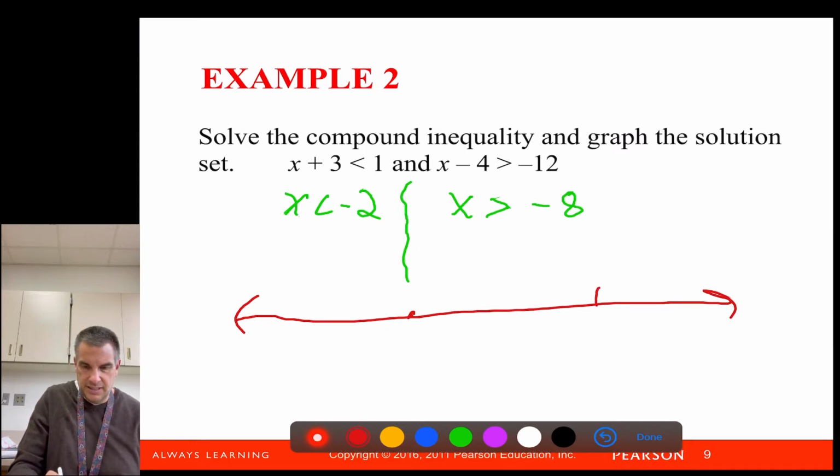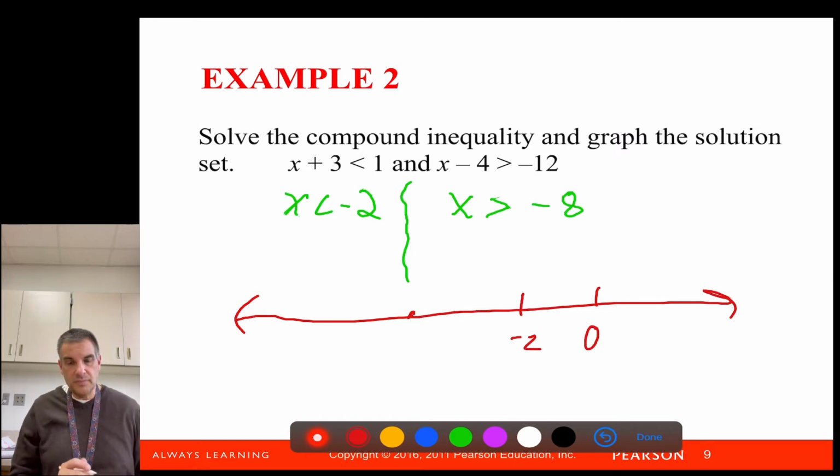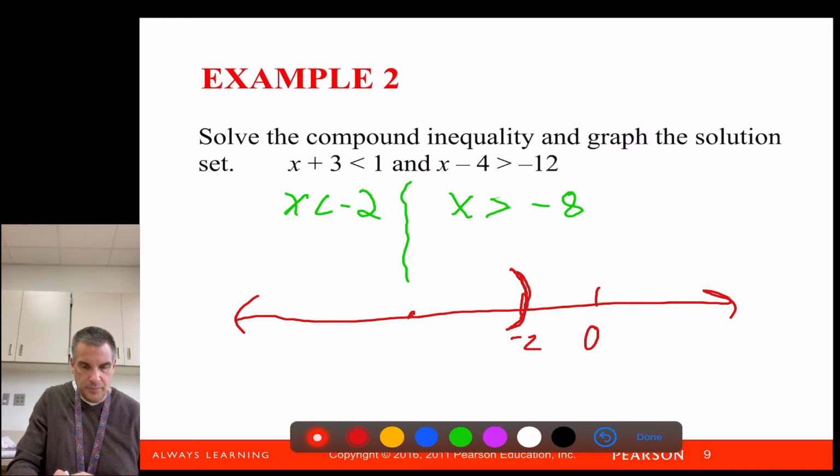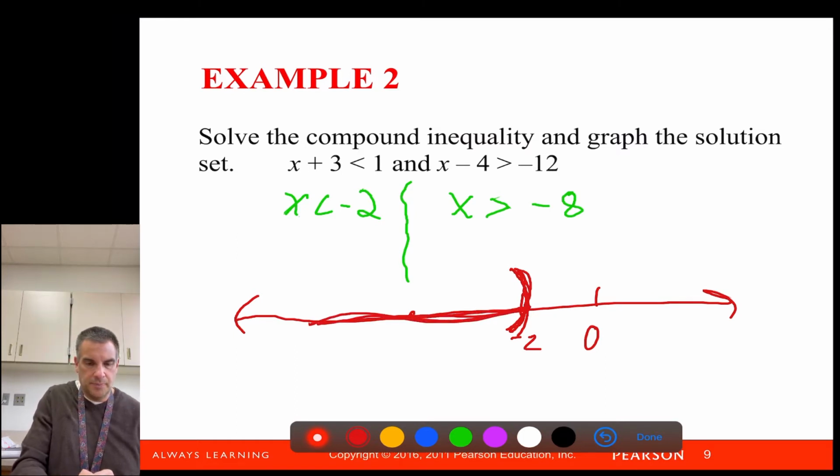So if I graph X is less than -2, let's say this is 0, this is -2. If I graph all of the points that are less than -2, I've got a less than symbol, so that tells me that I'm going to have a parenthesis at -2, and it's going to be everything that goes off in this direction right here.